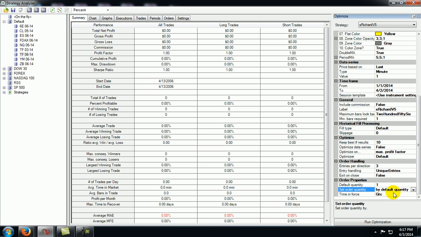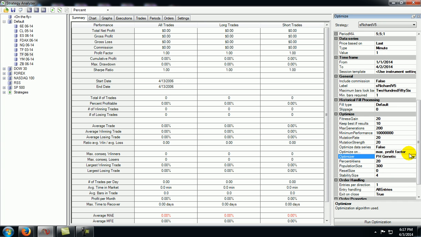What I do is by default quantity of 1, I want to exit on the close, entry handling to all, entries per direction are 1. I use the genetic optimizer.